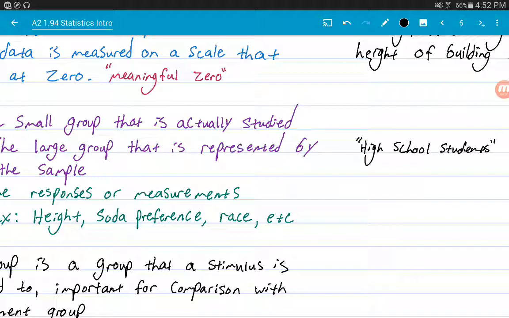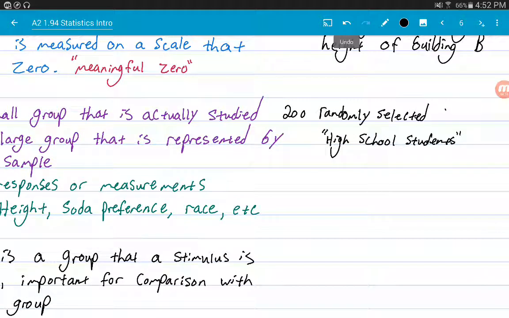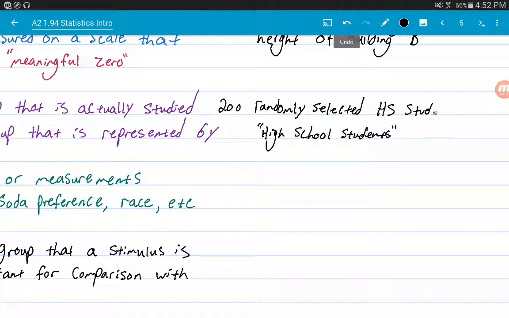I can't ask every high school student in the whole world or even in the whole country. So what I would do is I would pick, let's say, 200 randomly selected high school students. That would be the sample.